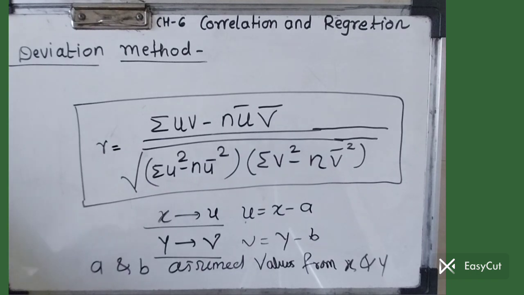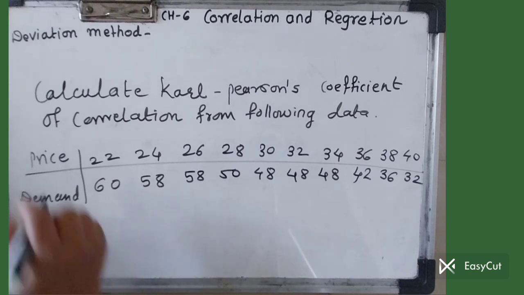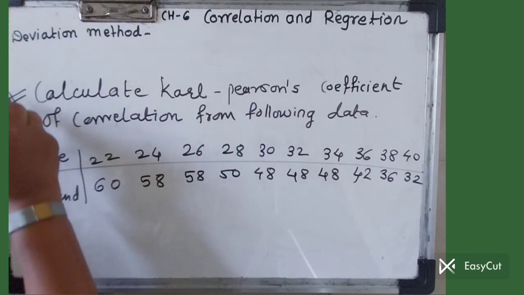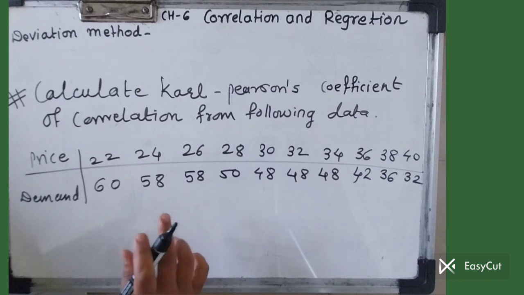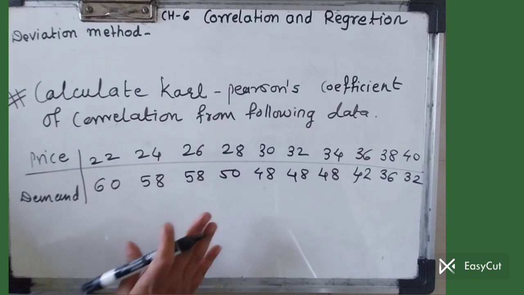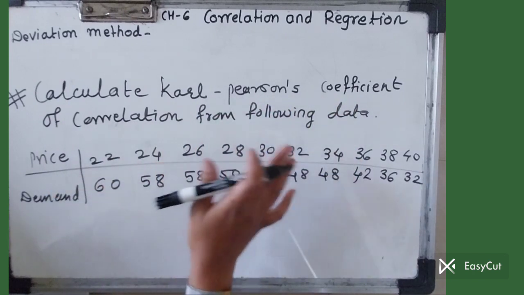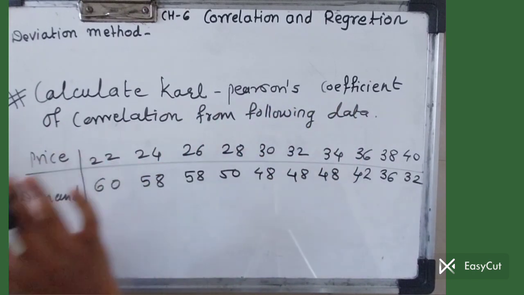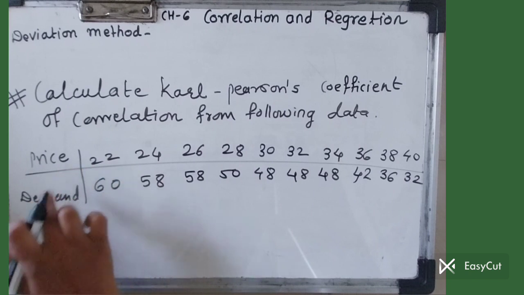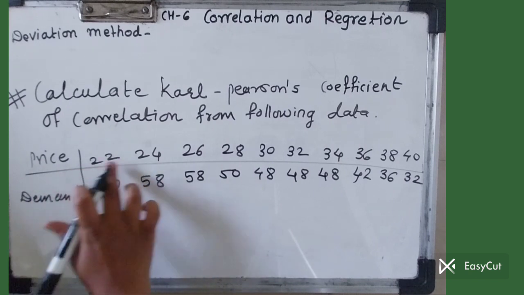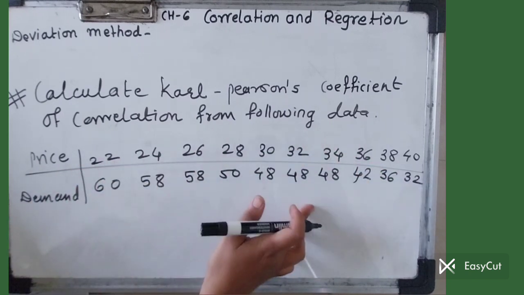Take a screenshot of this formula. This is the example, from the exercise, example number 2. Calculate the Karl Pearson coefficient of correlation from the following data. Price and demand are given, with 10 observations.